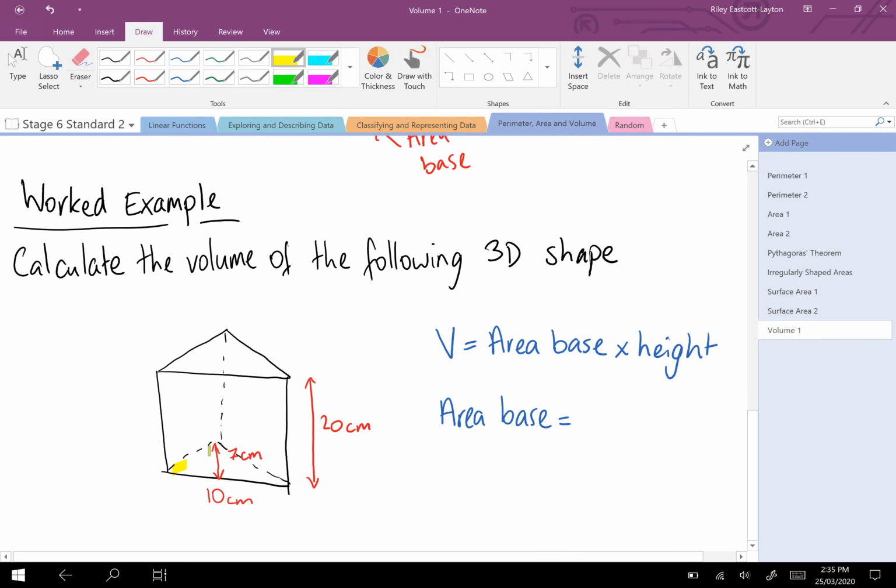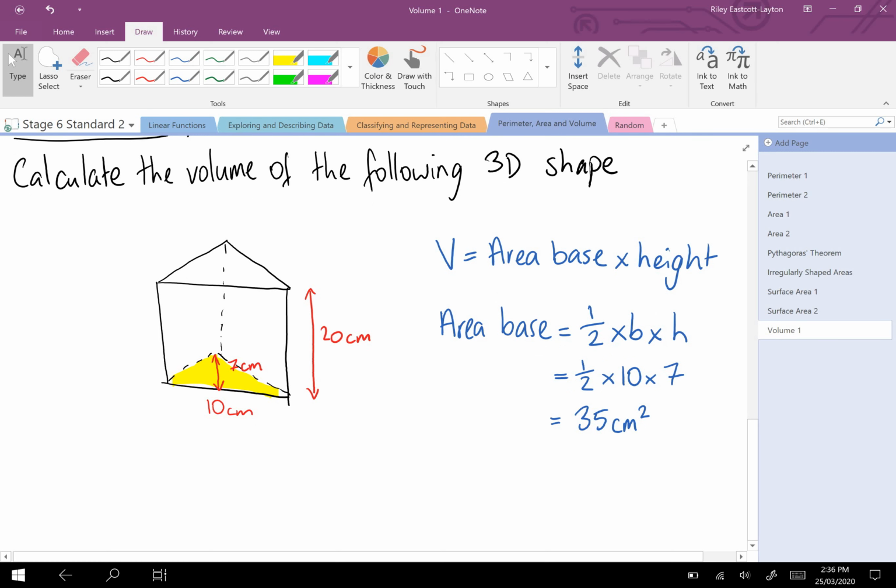So if I go through and highlight it, this is our base down here. We're dealing with a triangle. Area of a triangle is 1/2 times B times H. So we've got 1/2 times by 10 times by 7, which would be 35 centimeters squared.